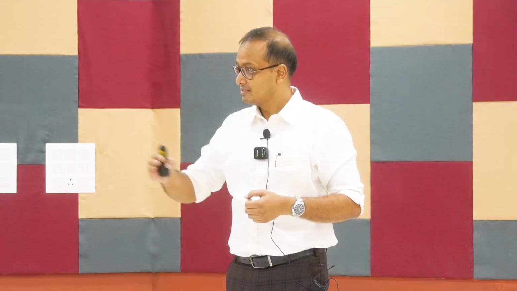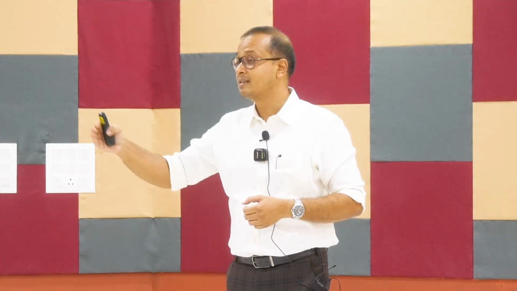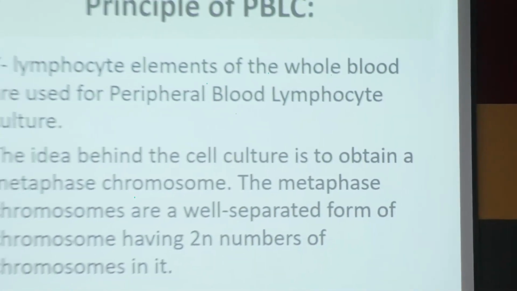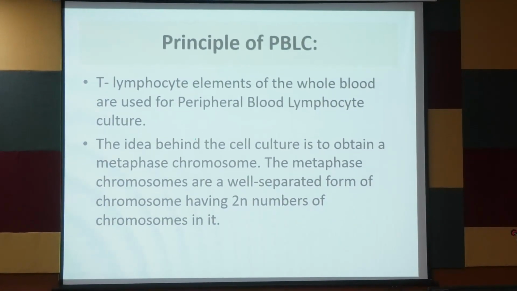So see how complex the science has become. প্রত্যেকটা স্টেজে কিন্তু ইম্পর্টেন্ট, প্রত্যেকটা স্টেজে ম্যাটার করছে, right? So this is what we come with, these principles. We are targeting these lymphocytes, WBC, T lymphocytes, which have the capacity to grow.